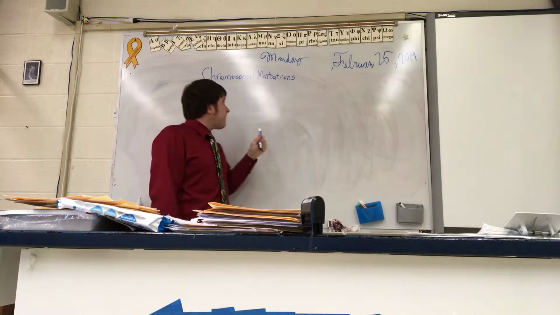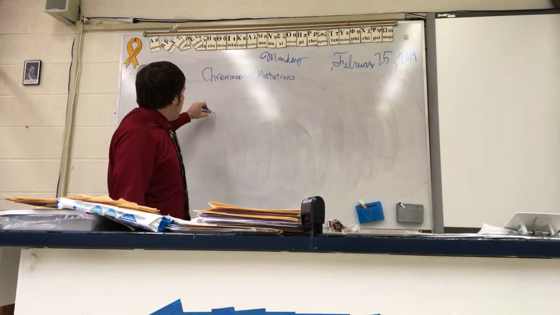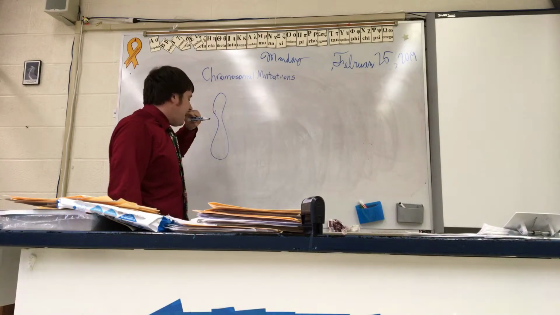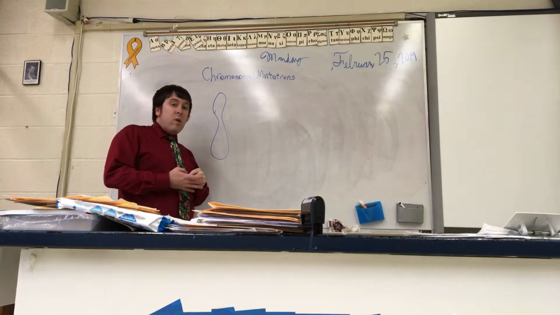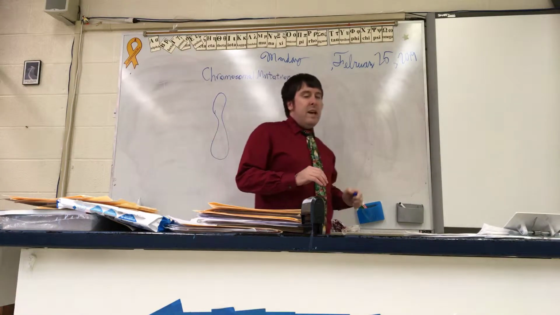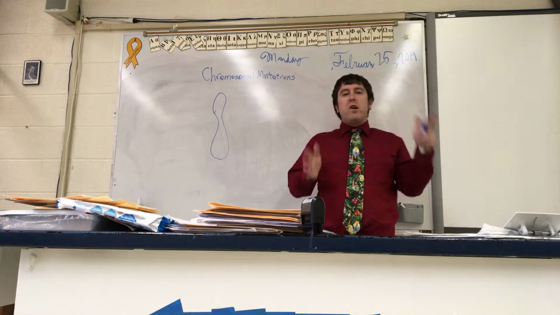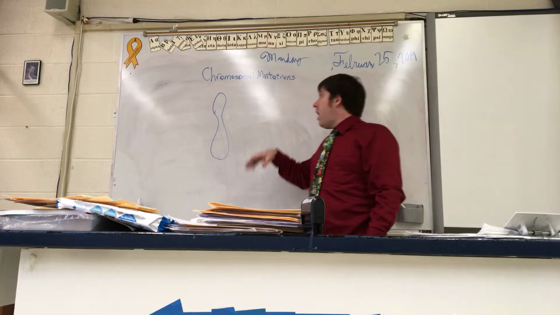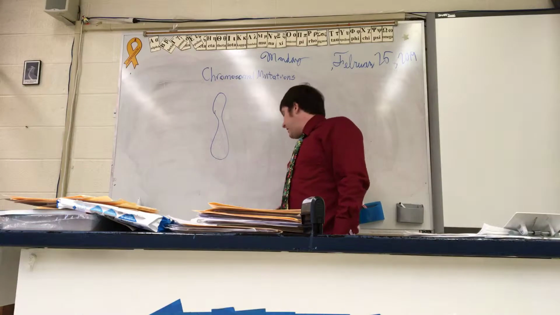In a chromosome, remember, it looks something like this, going on like that. We talked about that a lot. A chromosomal mutation is a change that happens on a much bigger scale than just one location in the genetic code. This is going to be a big piece.